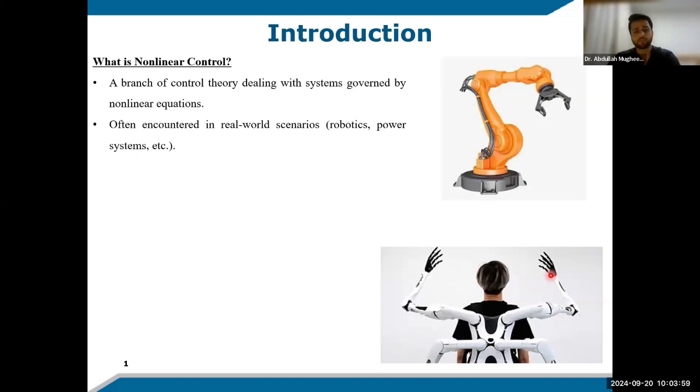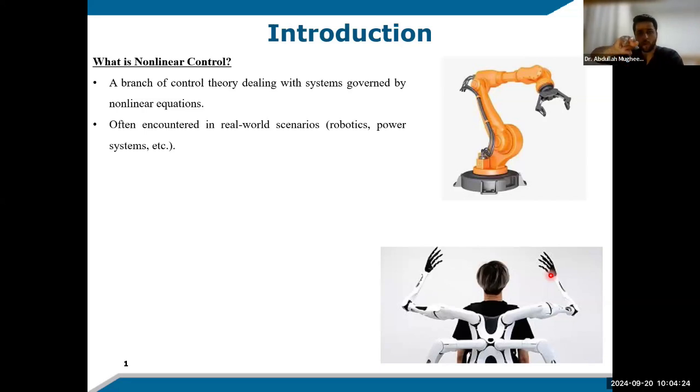So in simple words, linear systems behave linearly and you can predict the output. An example of a linear system is increasing the volume of a speaker using a tunable potentiometer.